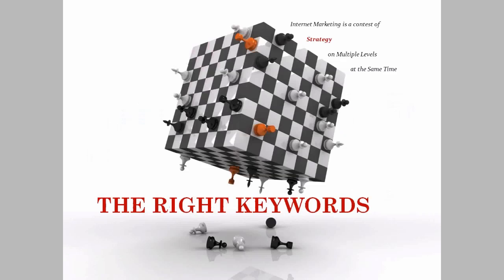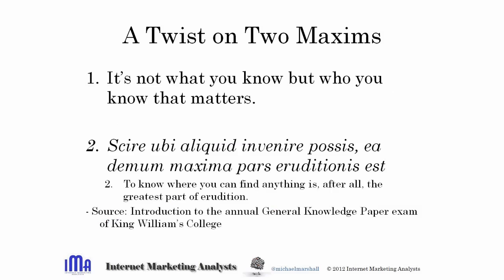So let's talk about keywords. I want to talk about a twist here on two different maxims, one of which is more well known than the other. The first: it's not what you know, but who you know that matters. This is something that I'm sure all of you have heard before.